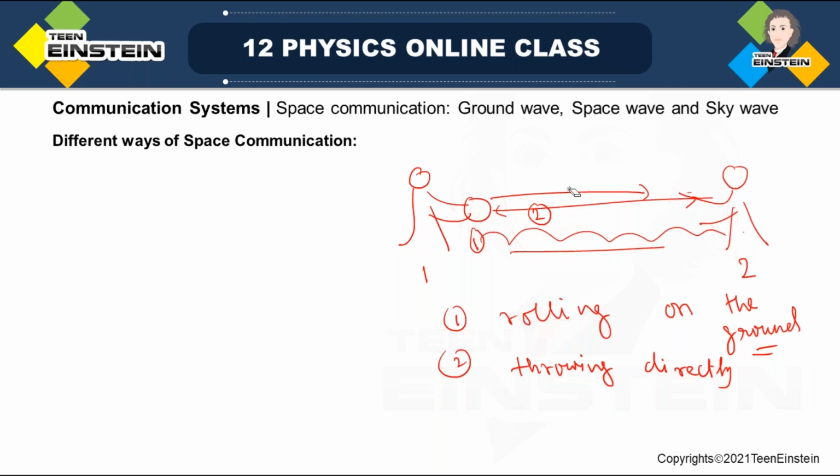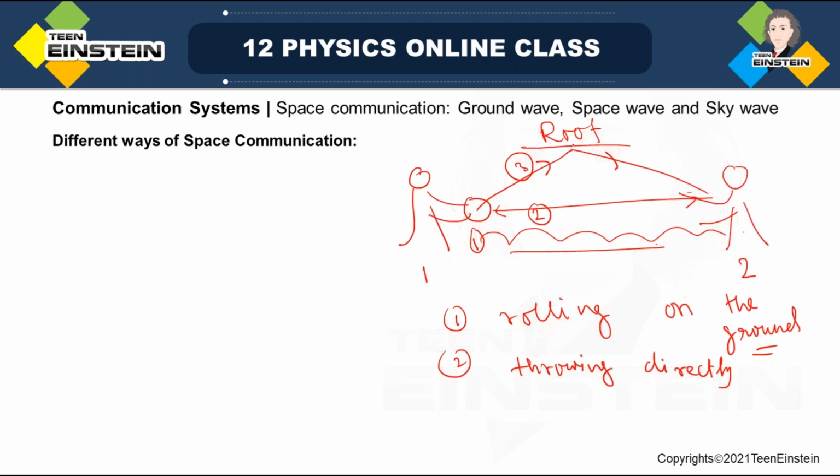Or otherwise, if they are playing an indoor game, then they might be having a roof. So this person can just throw it to the roof, and the ball will get reflected and go to this person. So there are three methods. One is rolling on the ground, another is directly throwing in a straight line so that it will reach the second person.